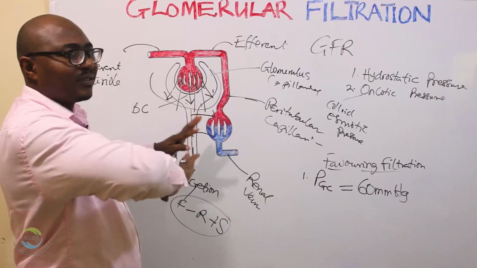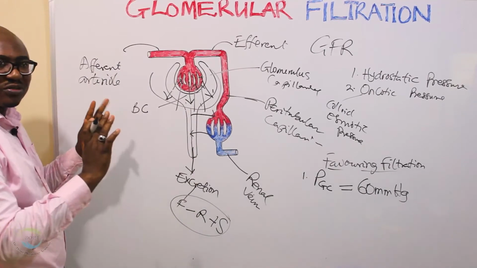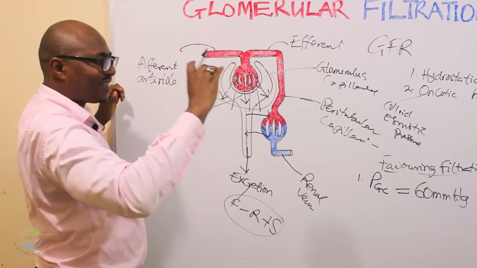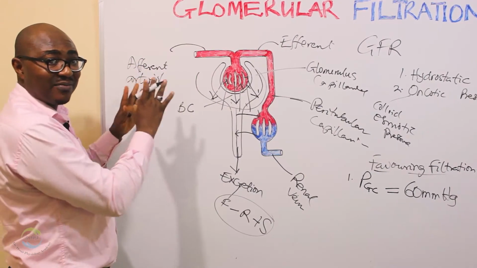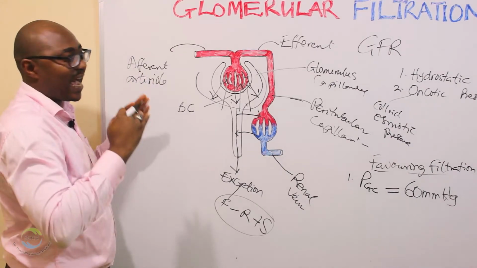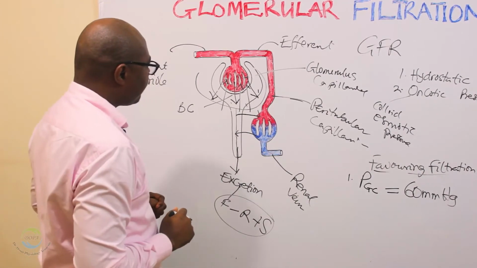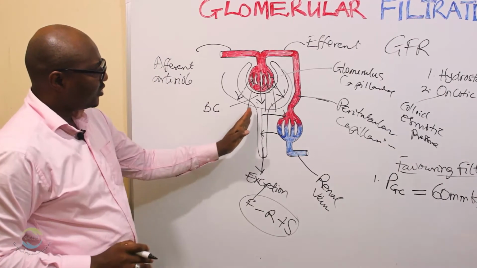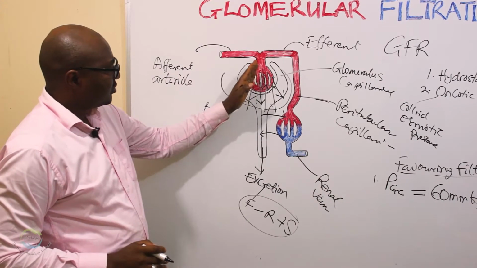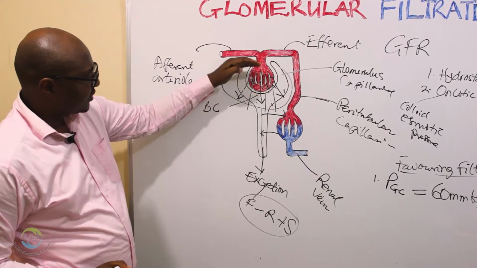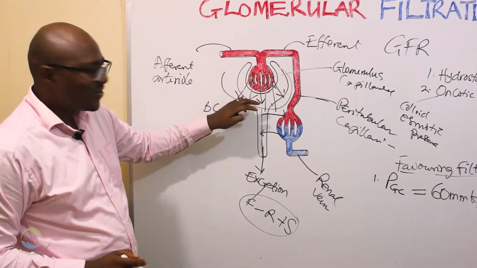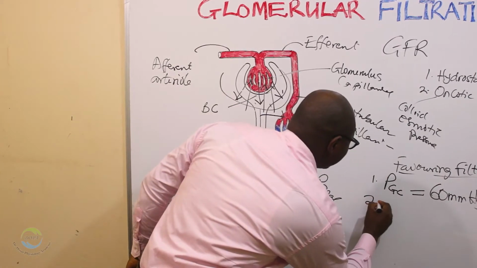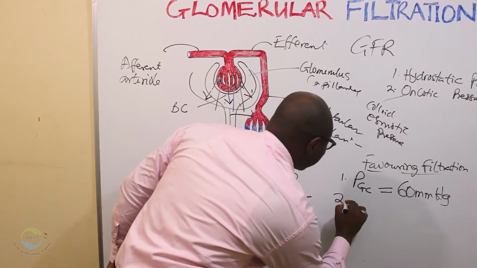It's higher than capillaries elsewhere because of what? The blood supply to the kidney is a direct branch, renal artery, direct branch from abdominal aorta. So it's high pressure. That's why it's like that. So the next thing that favors filtration, what do you think it should be? Filtration goes down here. That means it's supposed to be the oncotic pressure of the tubule or the Bowman's capsule.